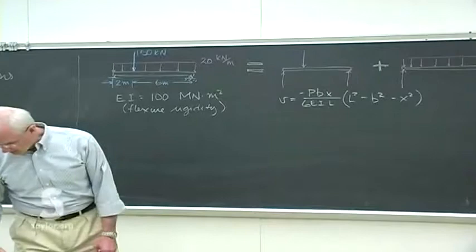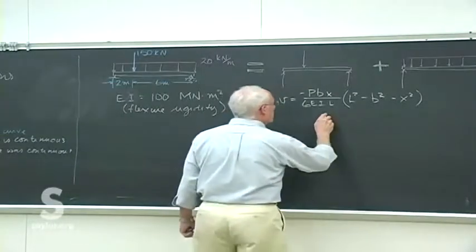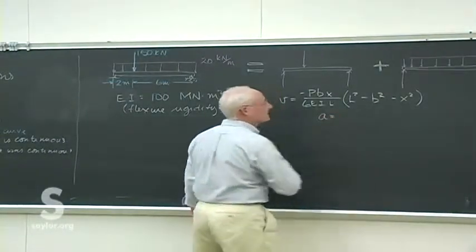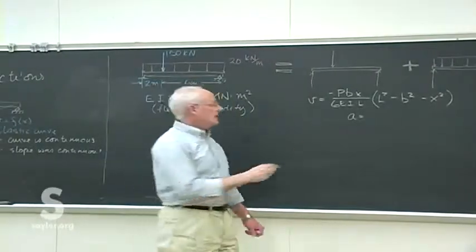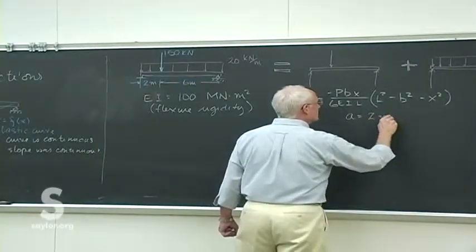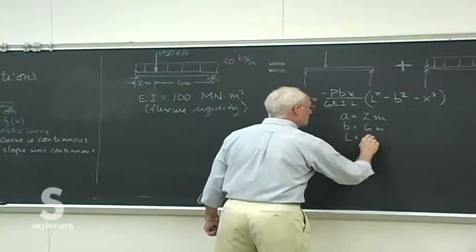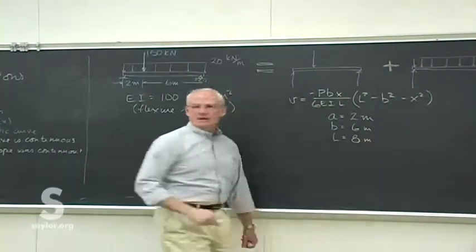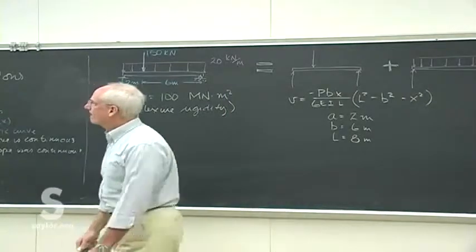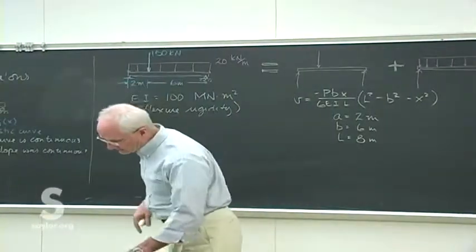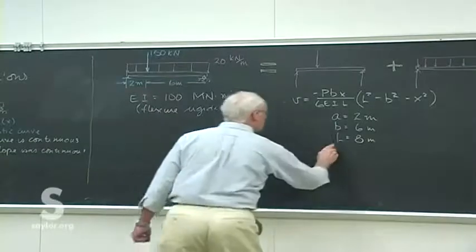And so we can put all of those values in, where for our particular setup, we have a equals 2 meters, b equals 6 meters, and L equals 8 meters. Oh, and P equals 150 kilonewtons.